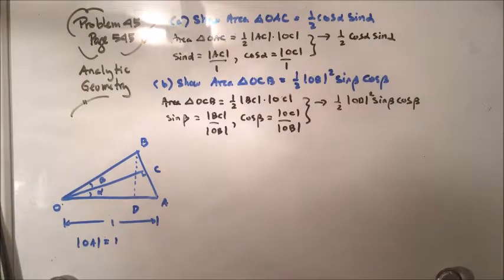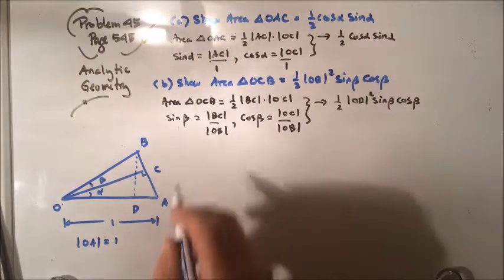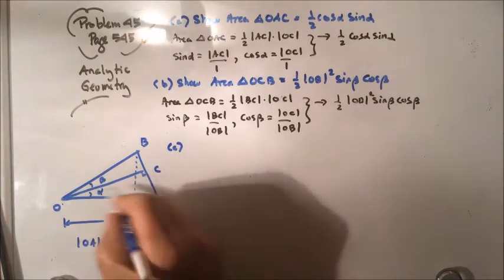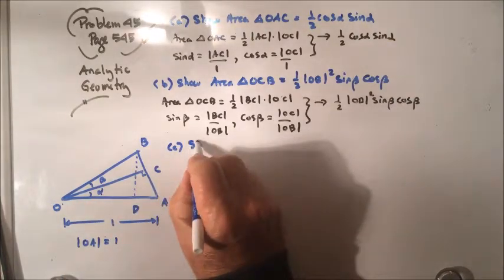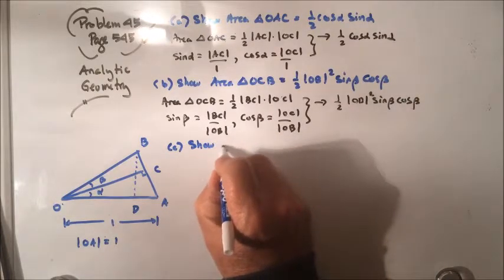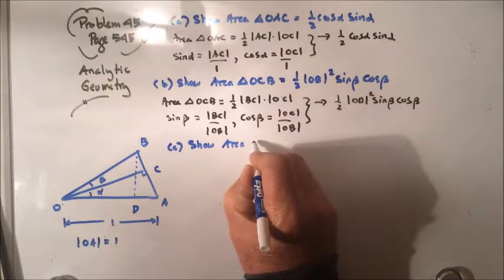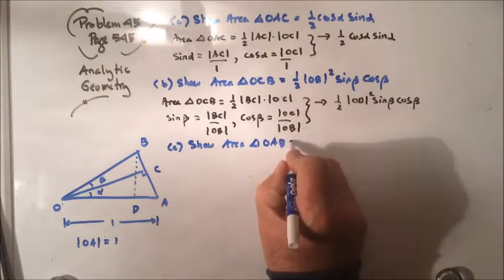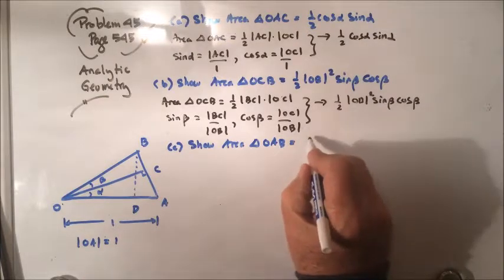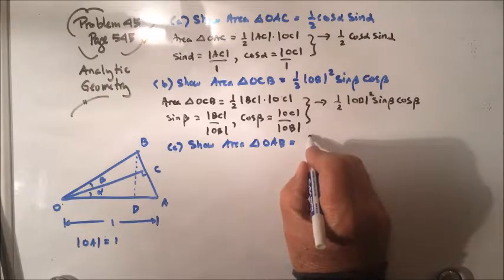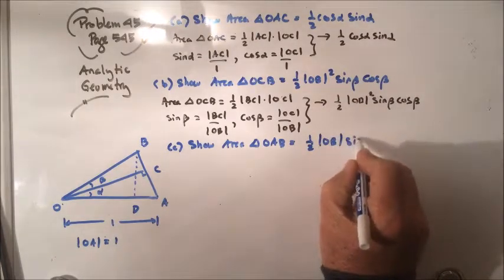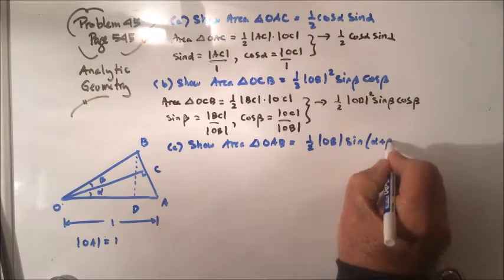What is C? C says you've found the lower triangle, you've found the upper triangle. Now add those two together and let's go find the area of triangle OAB. And they say that is 1/2 OB sine of alpha plus beta.